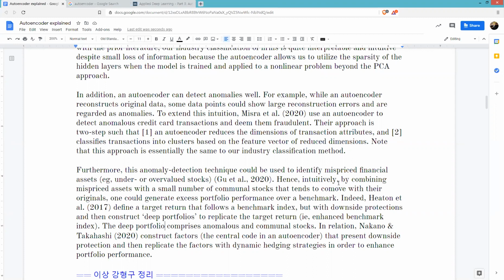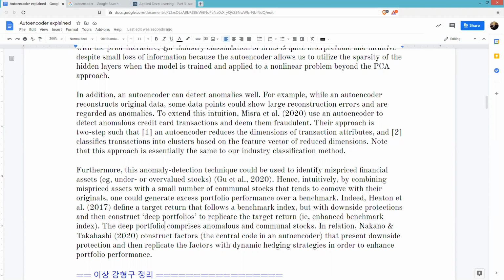Factors in their paper are actually the central code in an autoencoder that represents downside protection, and then they replicate the factors with a dynamic hedging strategy in order to enhance portfolio performance.